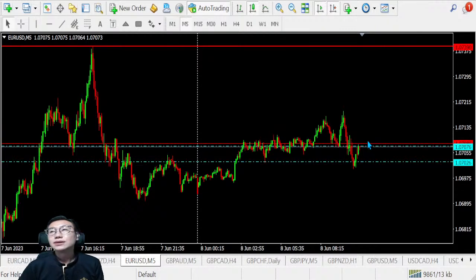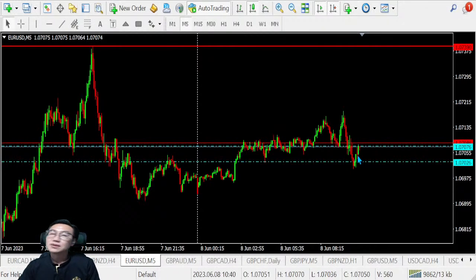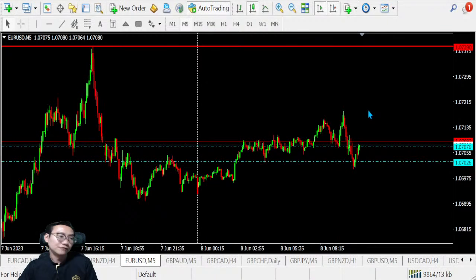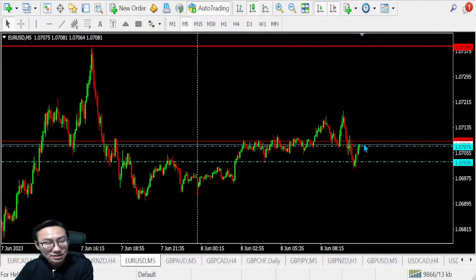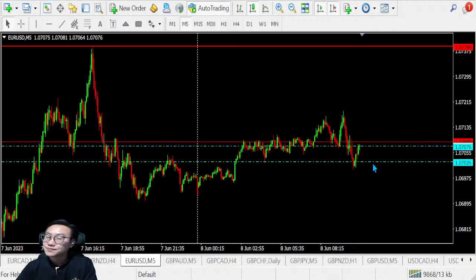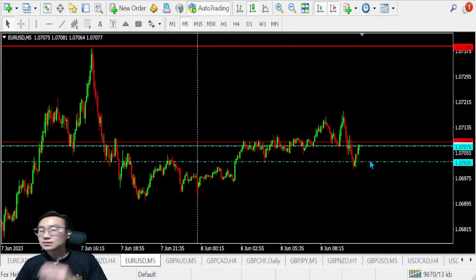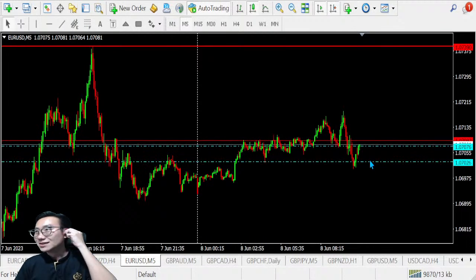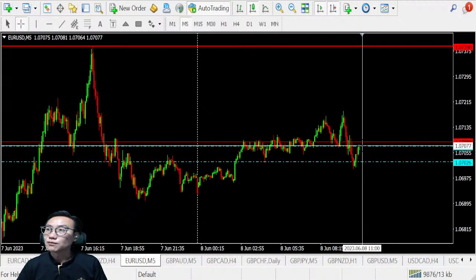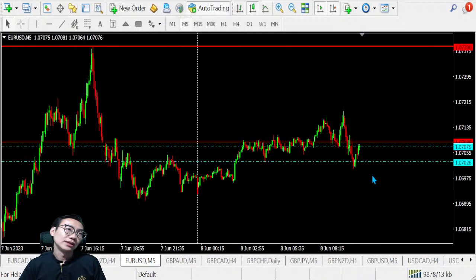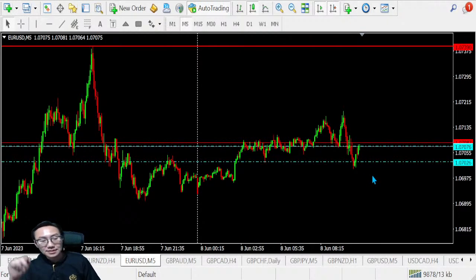Try not to, because there's still a chance that it may break above. If you're putting a pending order here to sell, better not to. Let's see if the resistance here is good enough to hold it down. Once it holds it down, I want to see a lower low, then it will be better.